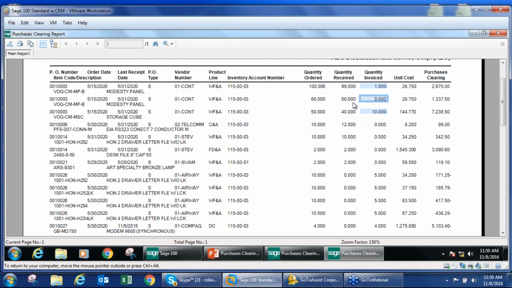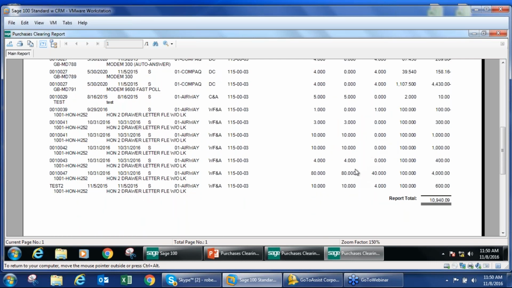Once they do match, Sage removes them from the report and only leaves the remaining items that are unbalanced. In this case, you'll see that we did a subsequent receipt of goods for 40. So for our PO line item, we have received 80 and we have invoiced 40.